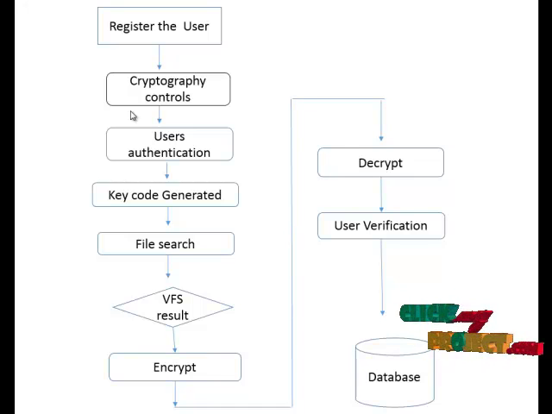The next one is user verification. For example, one user comes to the page to search for a file, java.txt, and the searched file will be verified. Another case is a multi-user coming to the web pages. Here a single user or multi-user can both visit our web pages in this section.